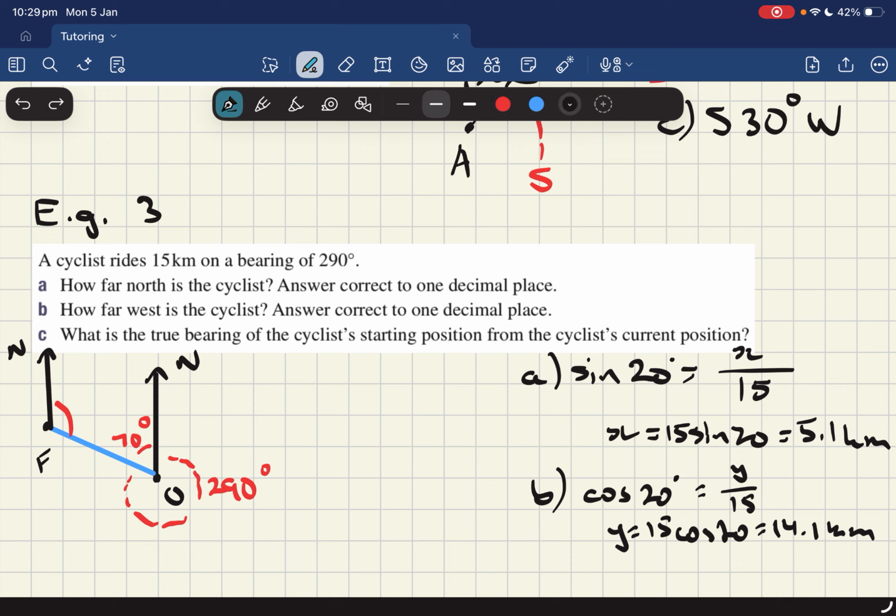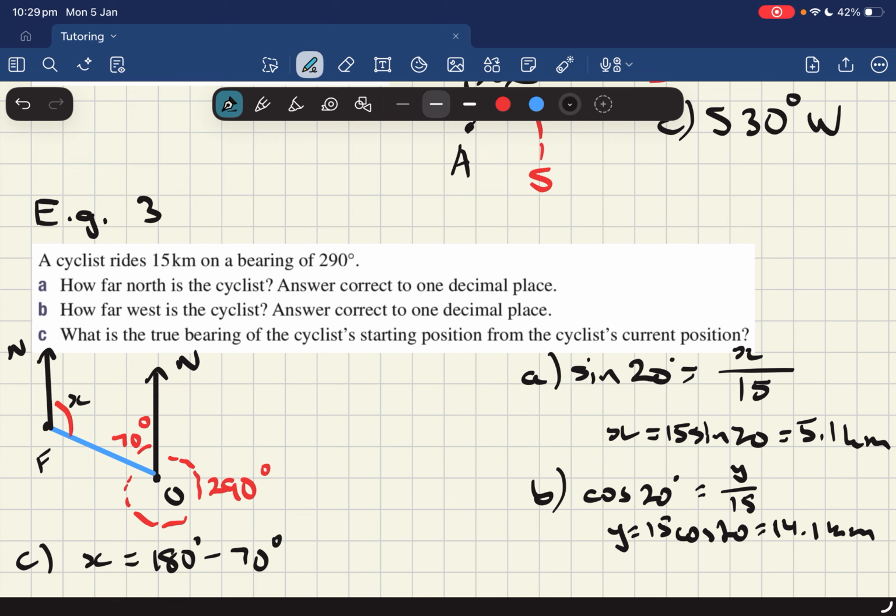So to find this unknown angle, let's call it X, our angle X equals 180 minus 70 degrees, because they are co-interior angles.